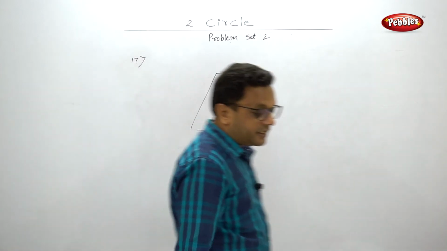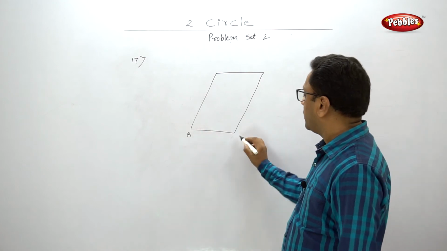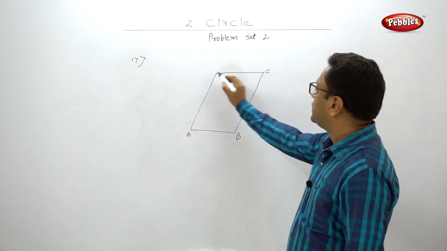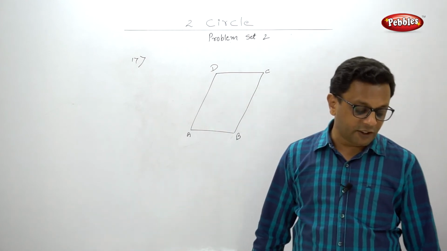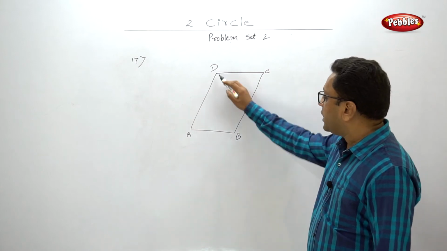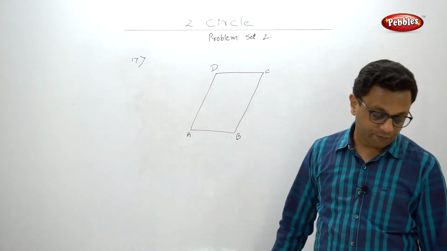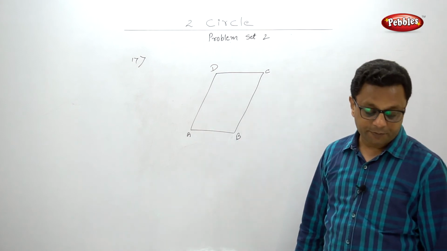So this ABCD is a parallelogram: A, B, C and D. A circle passing through D, A and B intersects BC in the point P.